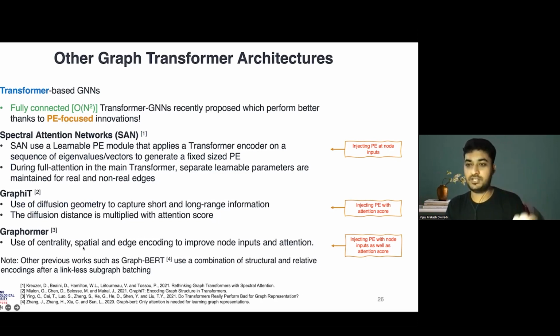Then it has a spatial encoding, which is based on shortest path distances, and then there is an edge encoding as well, which is some sort of bias that it provides to the attention. So with the combination of centrality, spatial, and edge encoding, it is trying to compensate for the information that was present in the original graph transformer, the sparse graph structure.